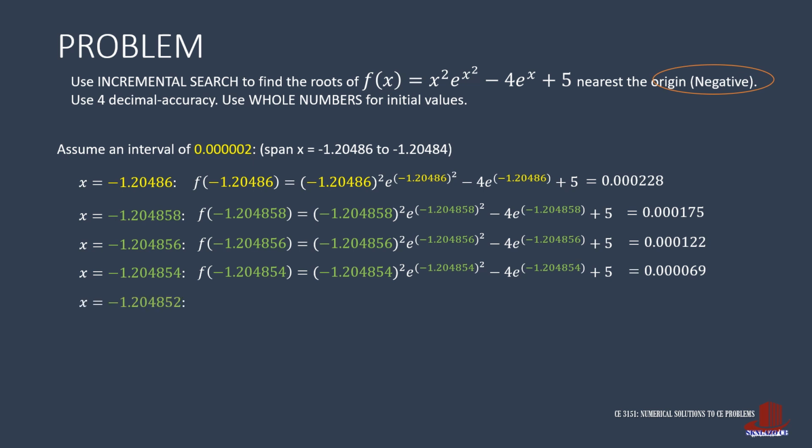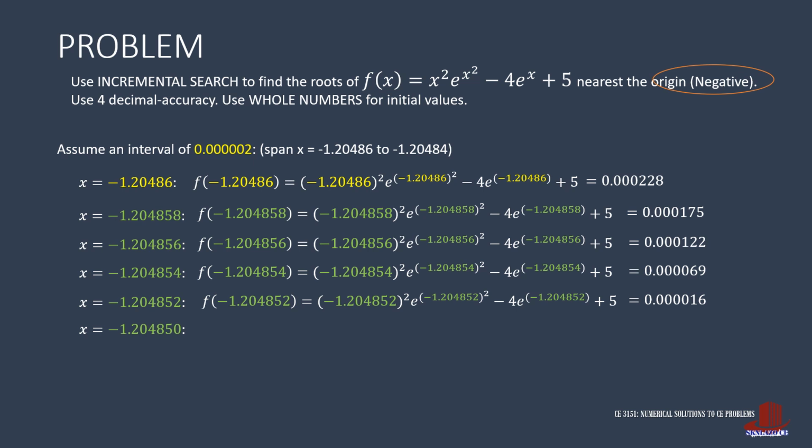Take negative 1.204852, whereby if substituted into the function, f of x becomes 0.000016. This is definitely lower than the required accuracy, but we also try another to make sure of the root.